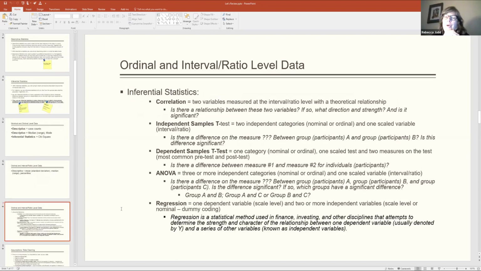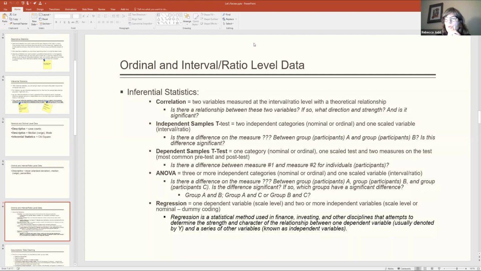Okay, so ordinal and interval ratio level data, we can do more inferential statistics with that than we can with our nominal. Obviously, we can do the correlation. We talked about Pearson's r. And here comes another one. So this answers the question, is there a relationship between two variables?